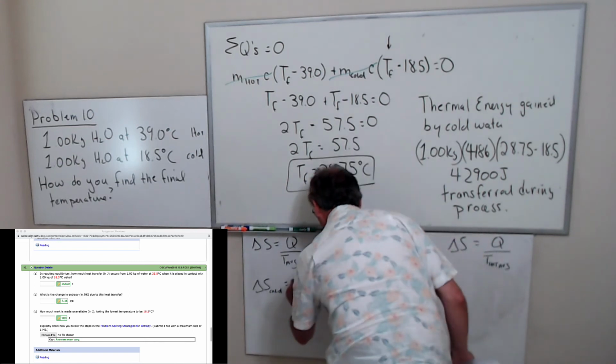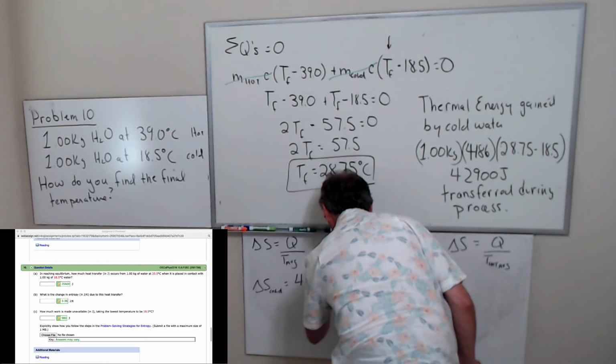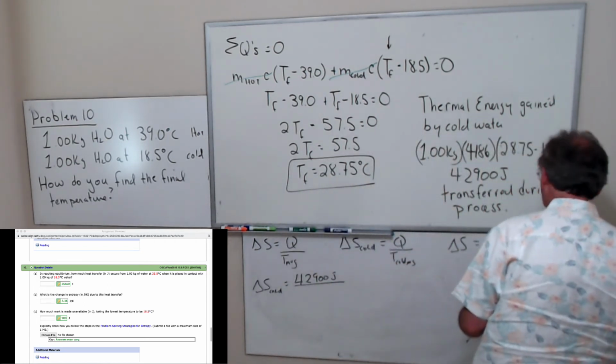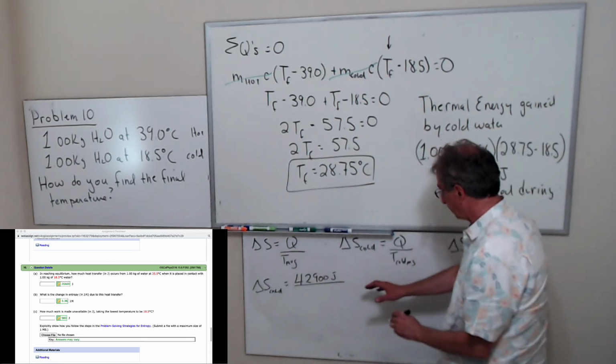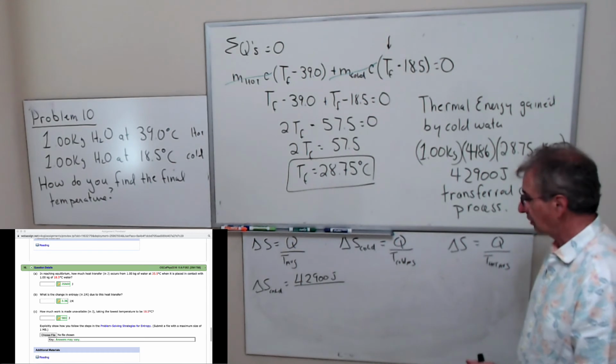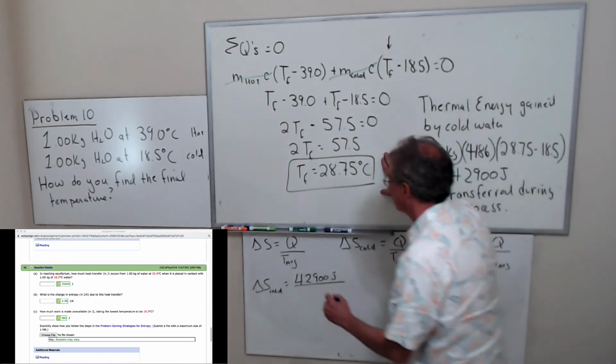It's going to be 42,900 divided by the average temperature. And I got to be careful, the temperature in the denominator is in Kelvin, right? Okay, so this has to be in Kelvin, but first let's find the average temperature.